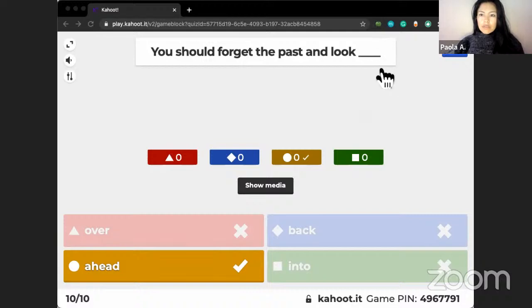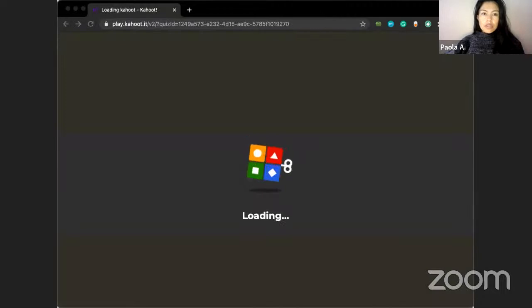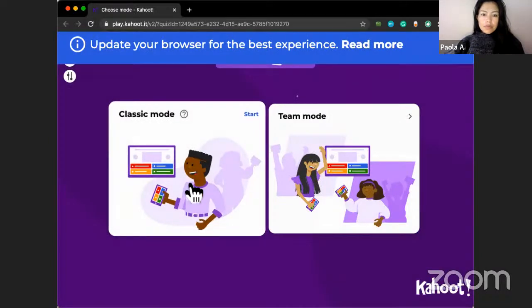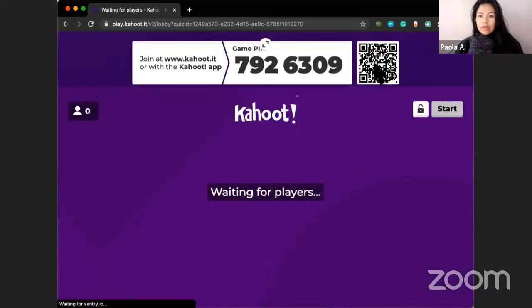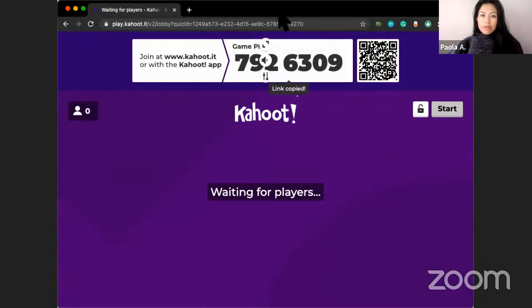There are many different phrasal verbs, and we're going to see the most common ones. You should have the code in a second. Copy the link.